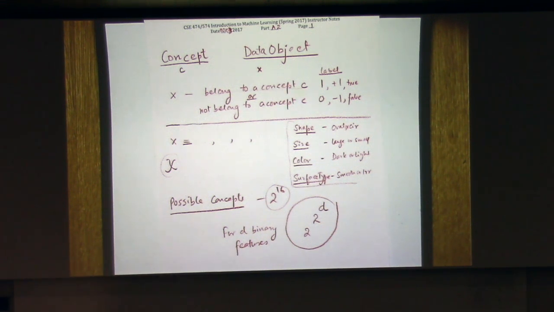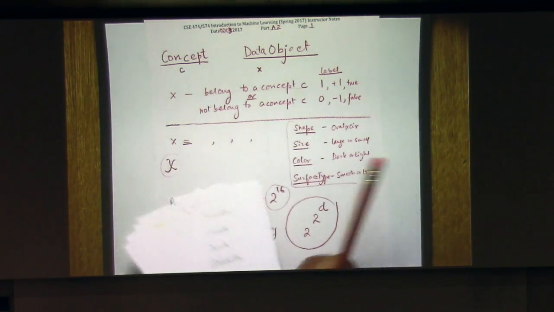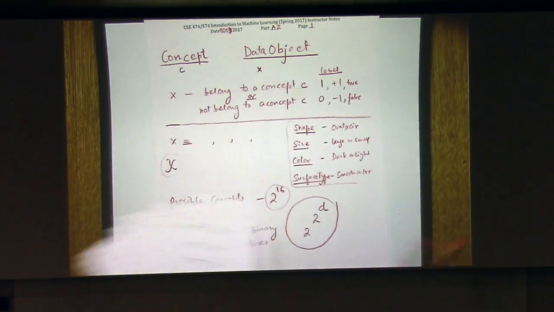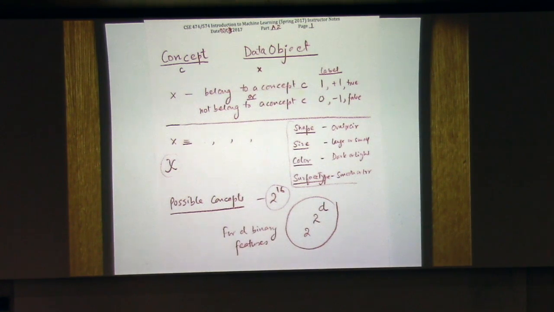So the machine learning algorithm's task is to look in this space and find the right concept. It's pretty challenging. Even for a very simple data set that's defined using 4 binary features, suddenly you are looking at a space which is 2 power 16. So it's a huge space.